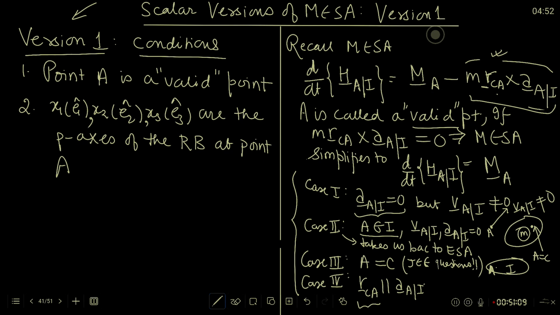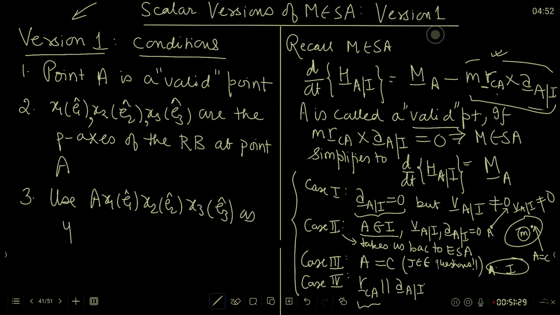Okay. The third condition is: use A x1 e1, x2 e2, x3 e3 as your working coordinate system. I was prepared for this already. Nonetheless, I want to include it in the list.